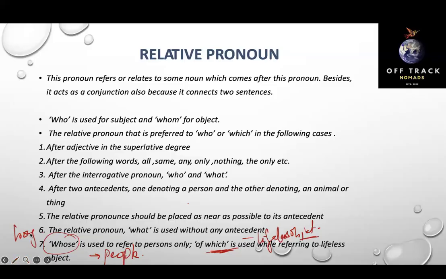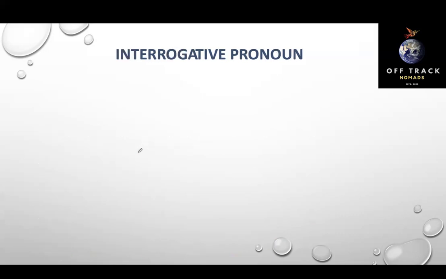So these were some of the examples and rules that you have to follow while you are doing relative pronouns. Which is quite easy, I understand totally. The next and last part of our pronoun series is interrogative pronoun. Interrogative pronoun, as the word says, is the word which asks questions. So interrogative pronouns are basically used to ask questions.